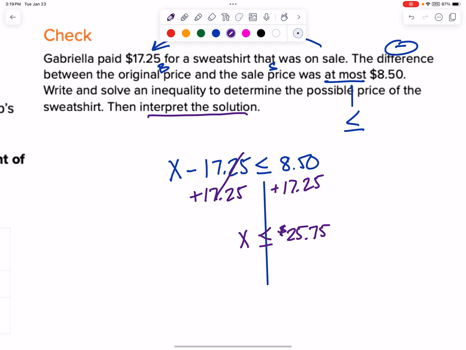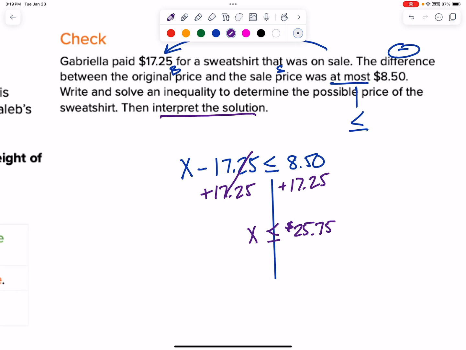All right, so write and solve it. Interpret the solution basically means answer the question. Determine the possible price of the sweatshirt. Okay, so the sweatshirt was, and now we're going to say less than or equal to $25.75 with a money sign.